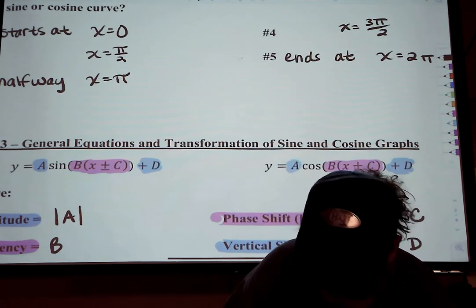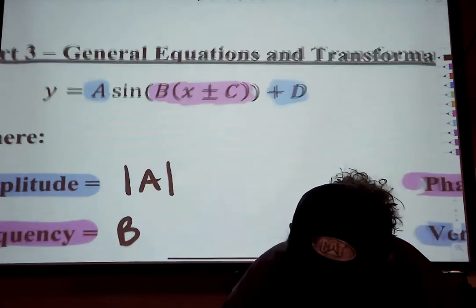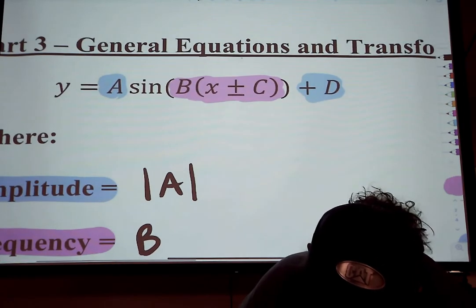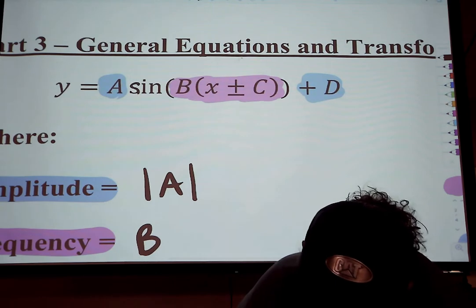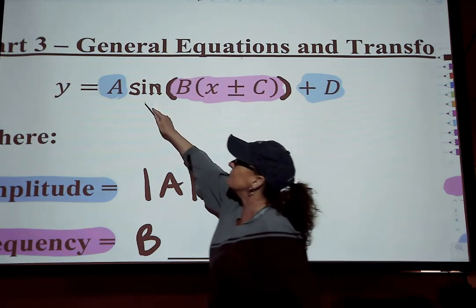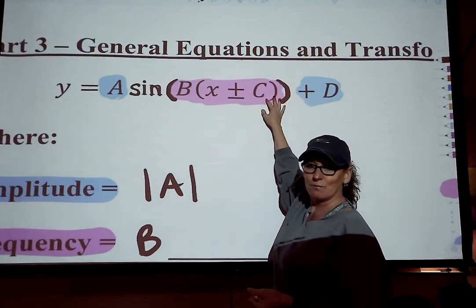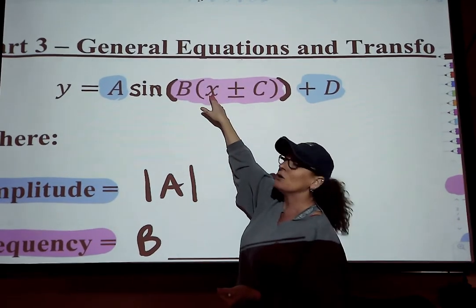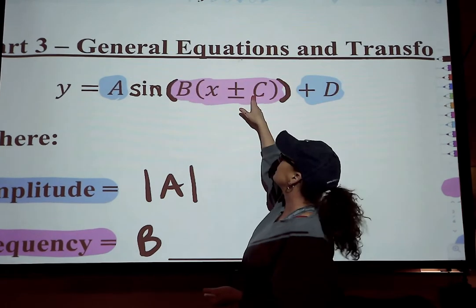So you know how I said I was going to be really picky about how you write sine and cosine? After you see the abbreviation for sine, what is supposed to follow? After you see SIN, what is this? That's the angle. It's the angle with some weird stuff happening.